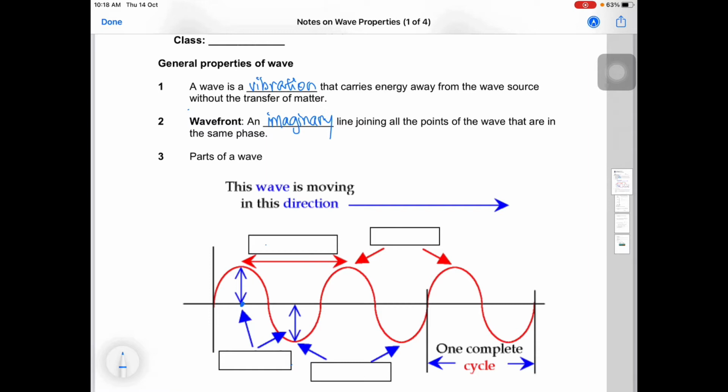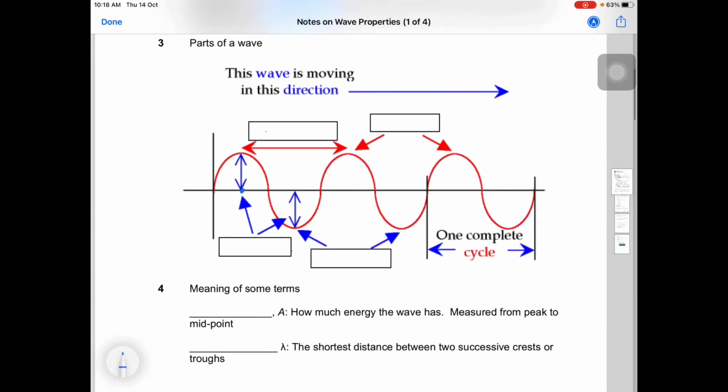Next, you have to learn what are the different parts of the wave. First of all, know that the top of the wave is called the crest. And the very bottom of the waves are called troughs.